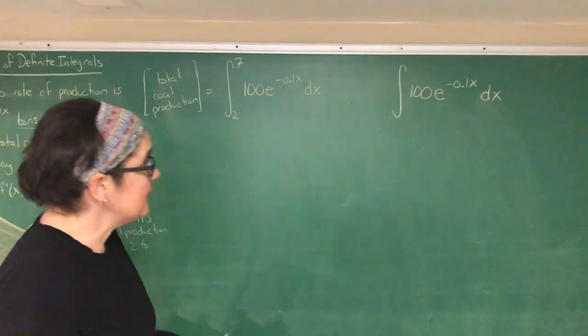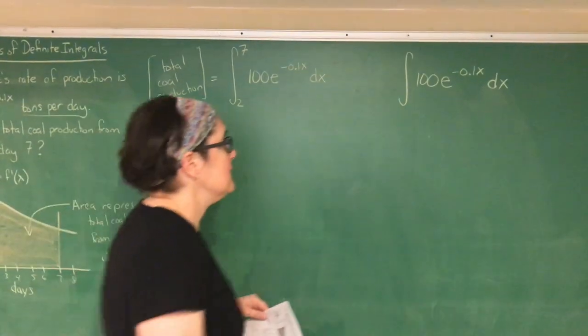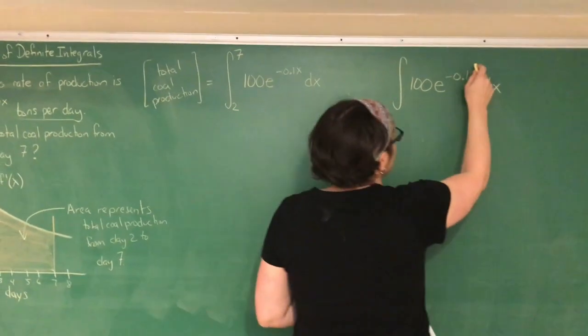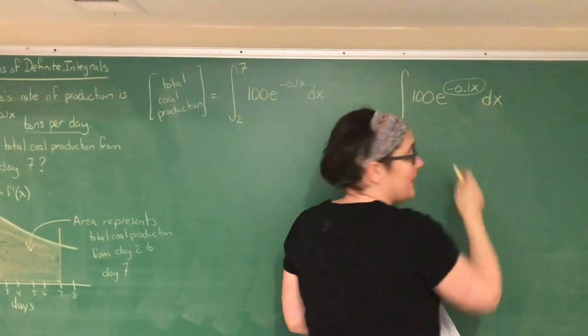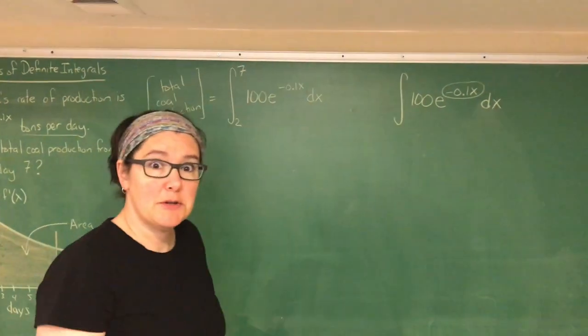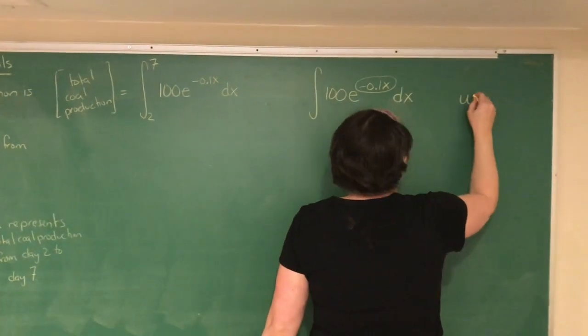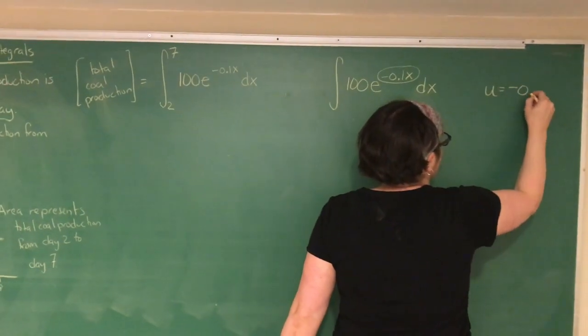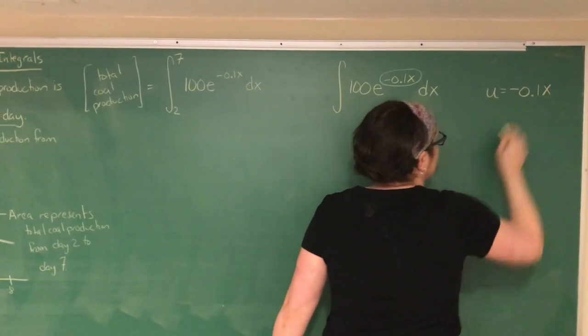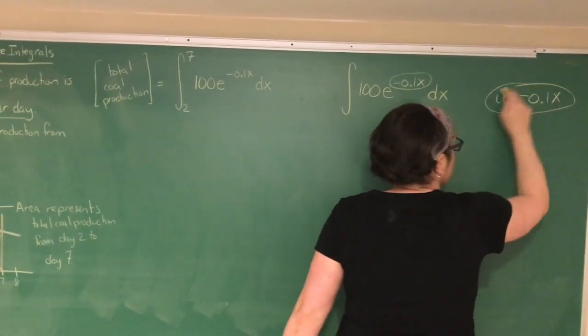When I look at this function, I notice I have an exponential function, but the power up here is fancier than just an x, which means I'm going to want to do a u substitution, and my choice for u is going to be that exponent, so negative 0.1x. So that's my choice for u.